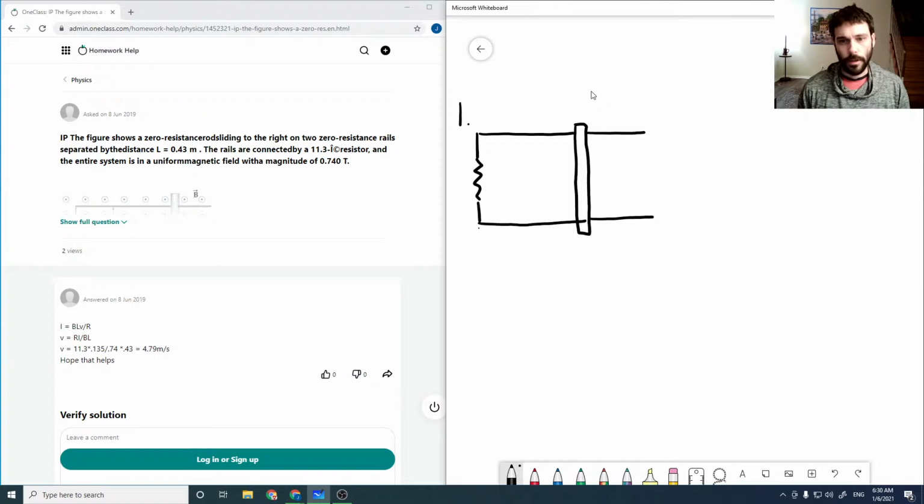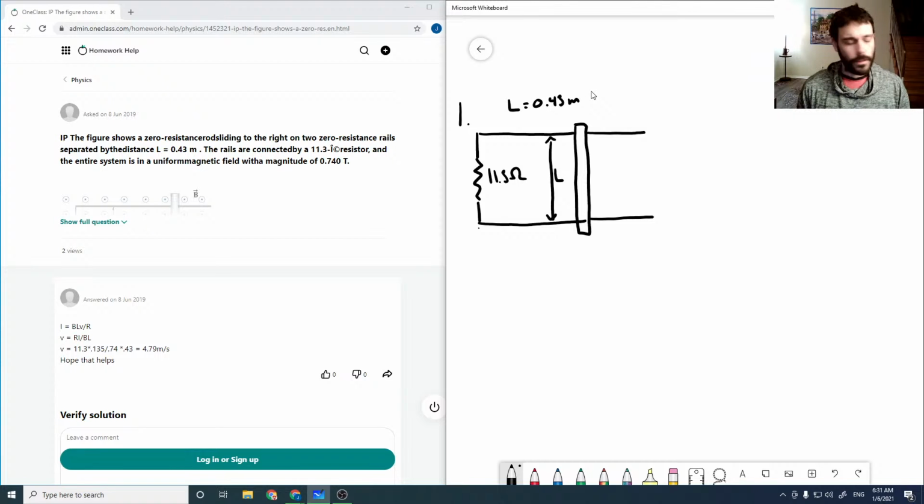The resistor here is 11.3 ohms. This distance here is our L, and L equals 0.43 meters.